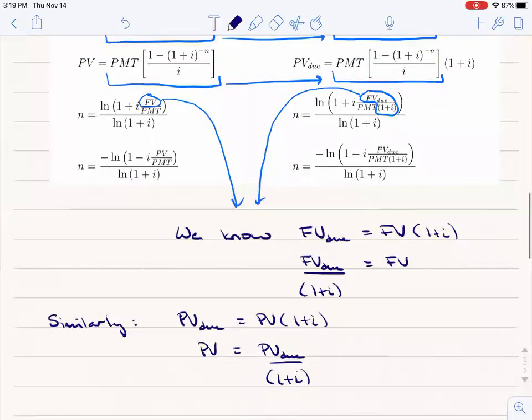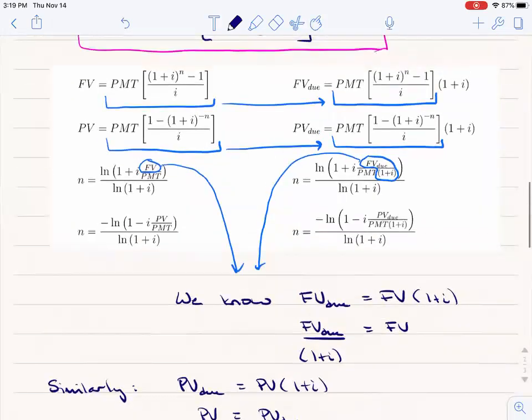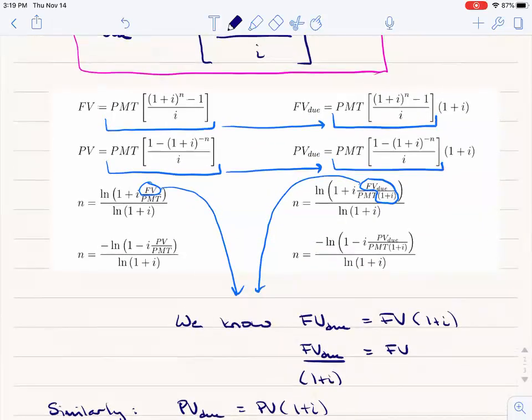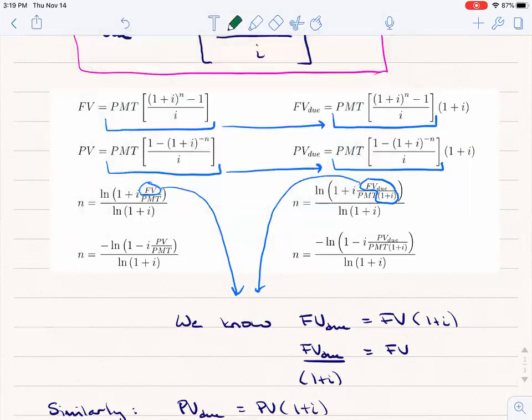So there are a lot of formulas. Do you actually need the formulas on the left-hand side? No, probably not. Here, on the left-hand side, you've got ordinary annuities, and on the right-hand side, you've got annuities due.